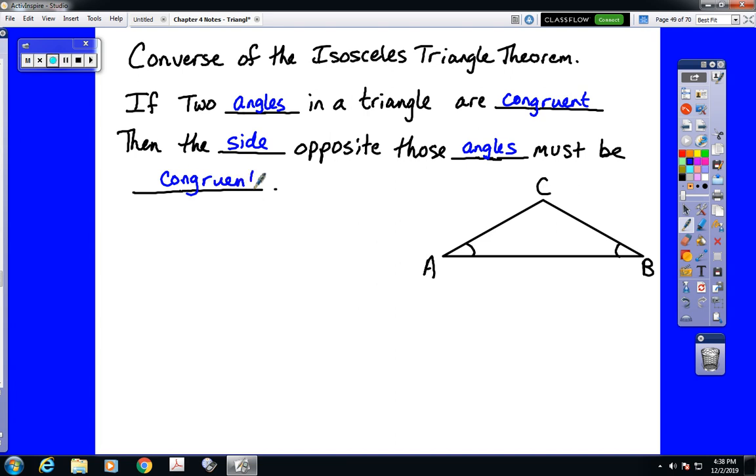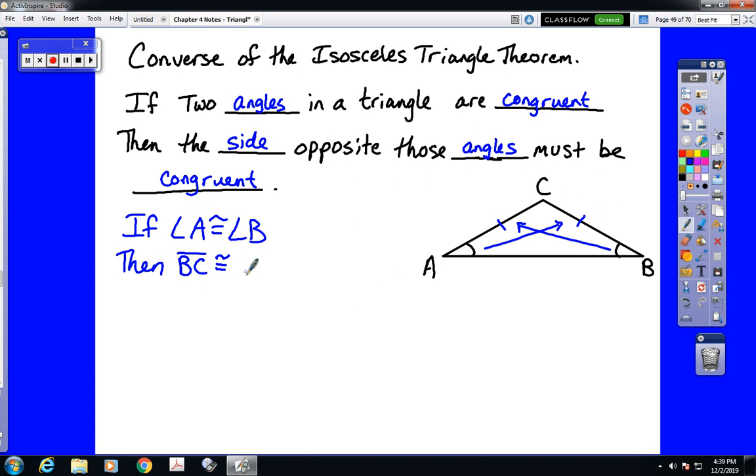Okay, so in the picture, once again, it says if angle A is congruent to angle B, then what that tells us is that the side lengths opposite angle A and angle B must be congruent as well, which means that side BC must be congruent to side AC, because BC is opposite angle A and AC is opposite angle B.